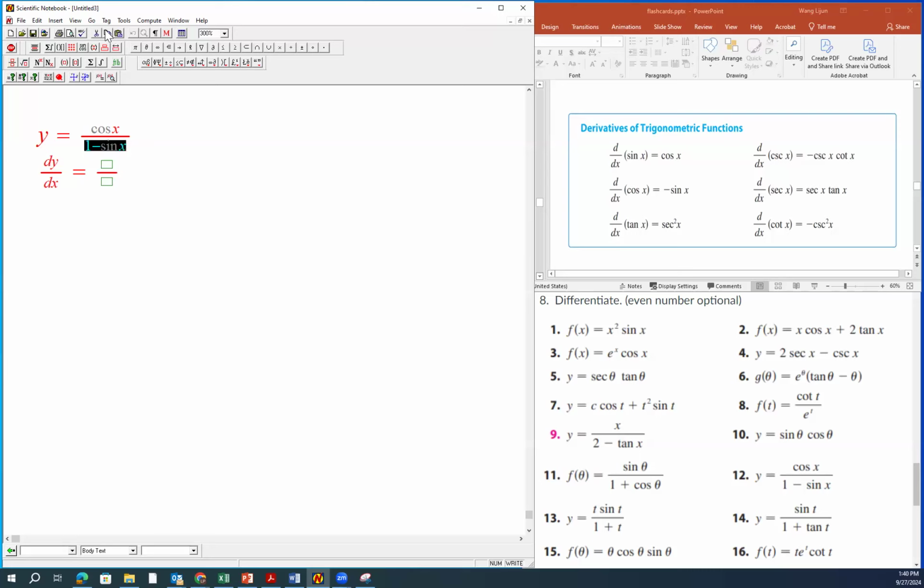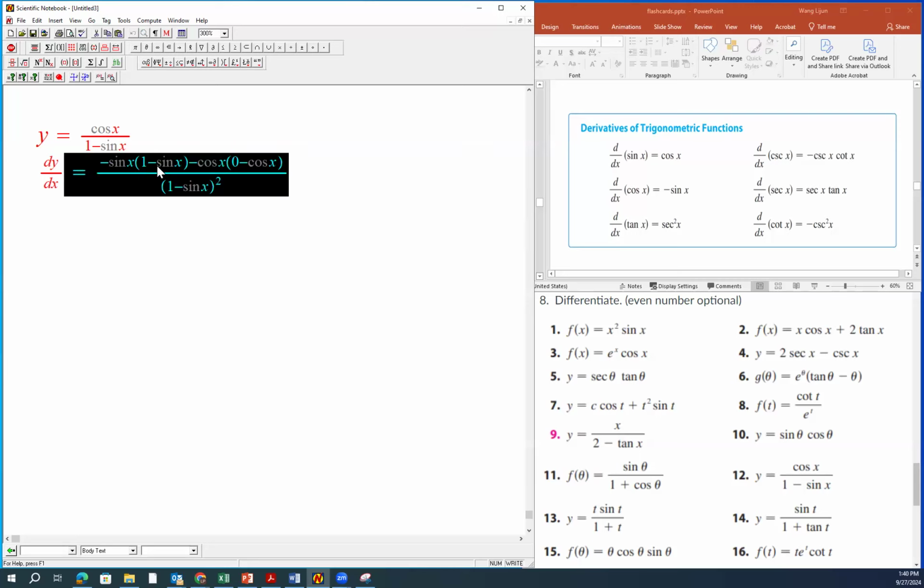Denominator 1 minus sine x, squared. Numerator, the derivative of cosine is negative sine, multiply the numerator. Subtracting, we keep the numerator and differentiate the denominator, 1 minus sine x. That's going to be 0 subtracting cosine x.